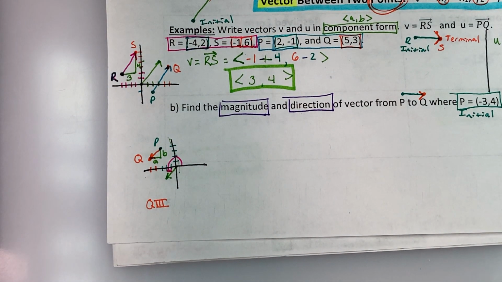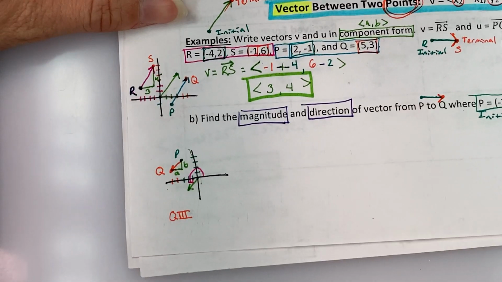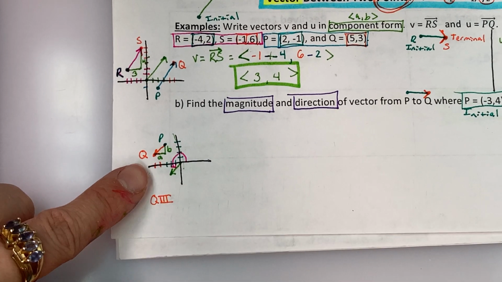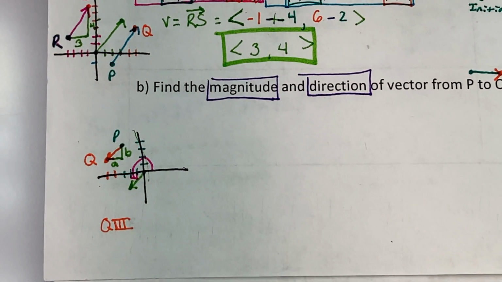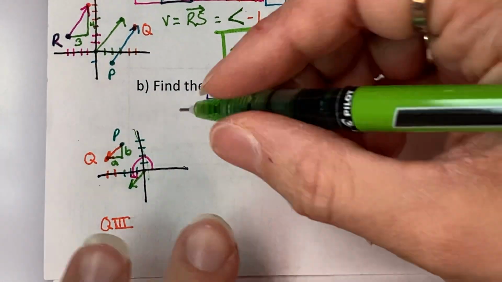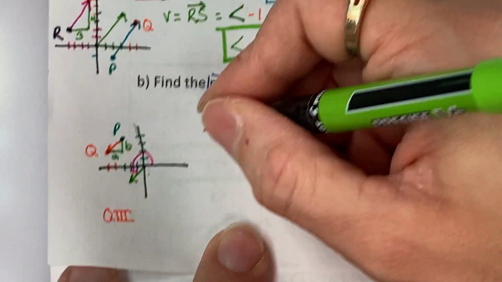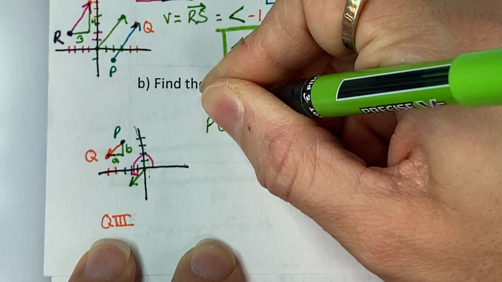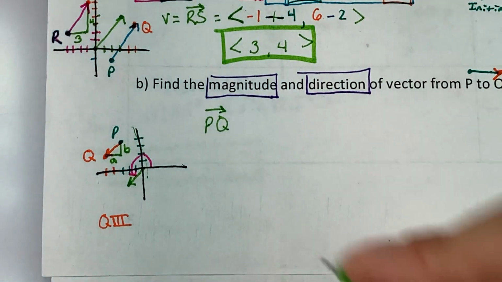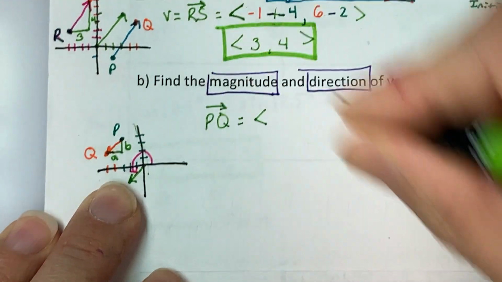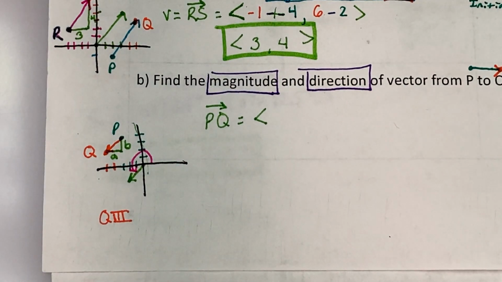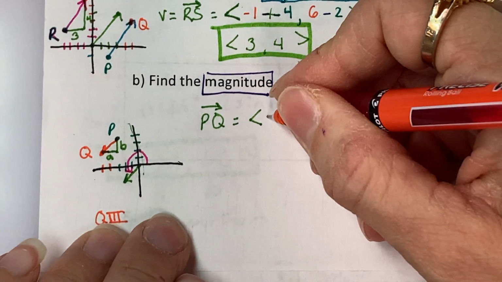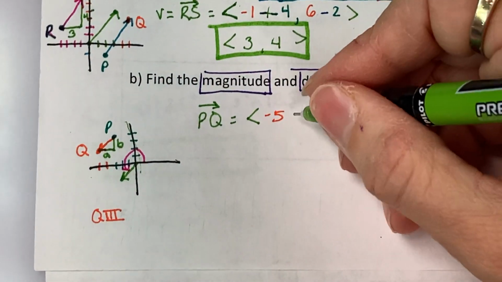So let's start by finding the vector itself. We want to find those A and B components using the 2 points. So we do our formula, and I'm going to name this vector PQ with the arrow above it. And this is going to be equal to the terminal x value minus the initial x value, so -5 minus a -3.